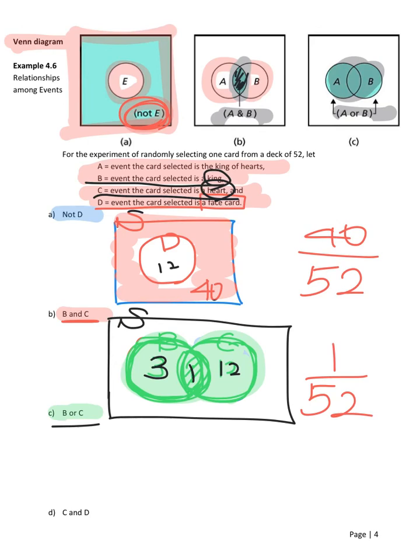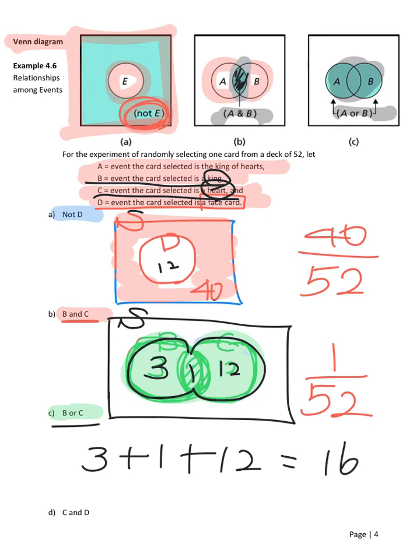B or C, combine them together. 3 on the left, 1 in the middle, 12 on the right. How many inside? B or C? 16. Probability will be out of 52 again. So far so good?